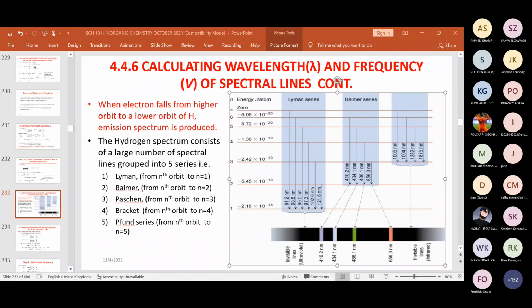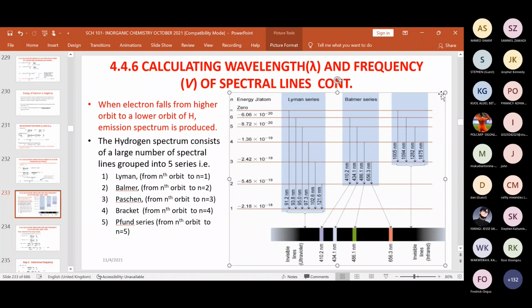If the electron is going from a higher energy level to energy level 1, we call that the Lyman series. If it is moving to energy level 2, we call that the Balmer series. If it's going to energy level 3, we call it the Paschen series. If it's going to energy level 4, we call it the Brackett series.